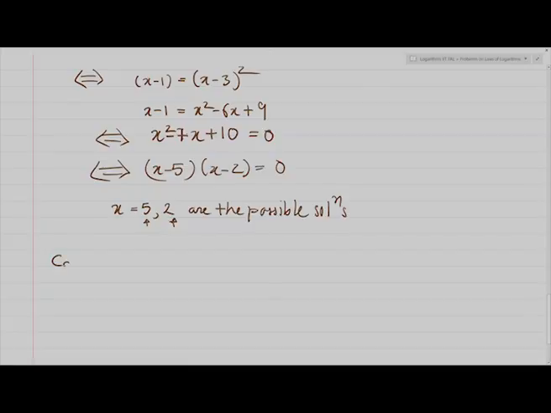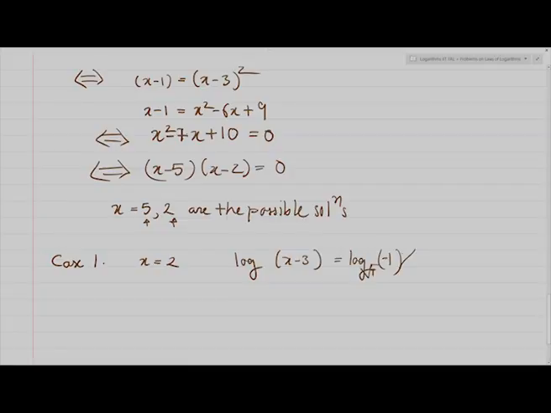So let us take case 1. Case 1 is x is equal to 2 and it gives log, let us take the right hand side, x minus 3, which will give you log of 2 minus 3, that is minus 1, to the base 2.